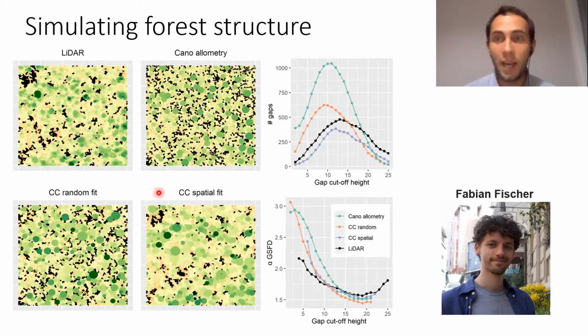So we have three models of the forest structure, and then we want to look at the gaps. What we see straight away, as I said before, is that there were too many gaps in the simple model, and then that of the two canopy constructor models, the random fit overestimates the number of gaps and the spatial fit underestimates. So they're both sides of it at most heights.